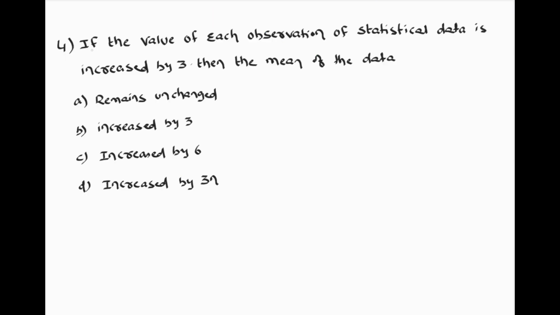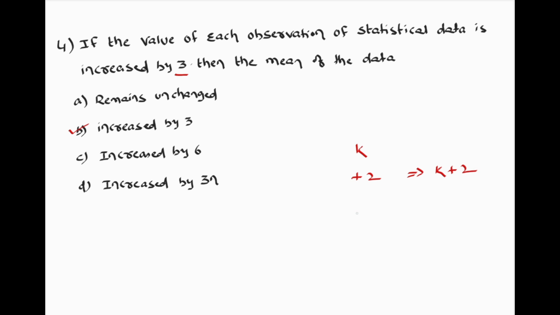Now if the value of each observation of the statistical data is increased by 3, every observation value is increased by 3, then the mean of the data automatically increases by the given number 3. Okay, one more basic concept here. Let the mean of a data is k, and every observation, if it is increased by 2, therefore the new mean will be k plus 2.